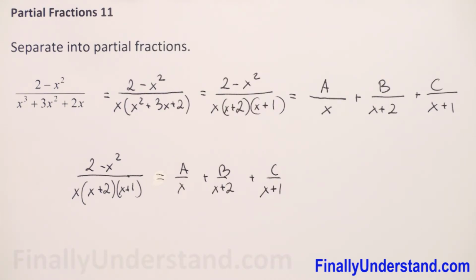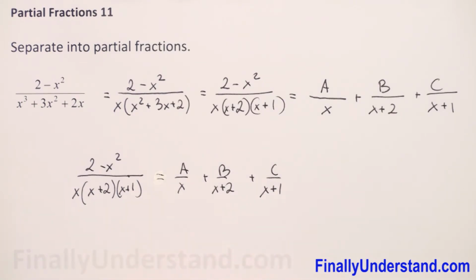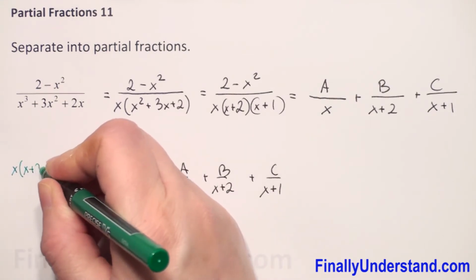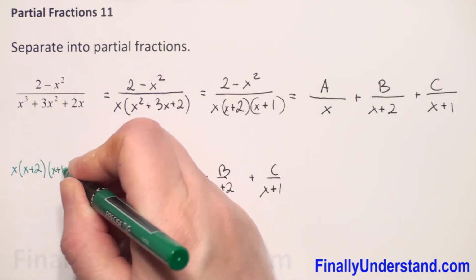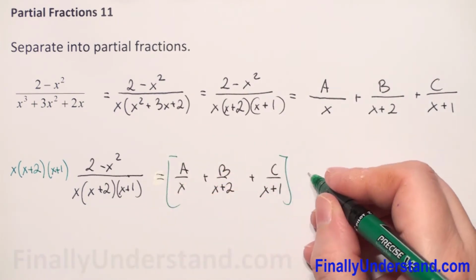How do we do this? We multiply both sides of our equation by the lowest common denominator. It will always be the denominator of our original fraction. So we will have to multiply both sides by x times x plus 2 times x plus 1. And the right side the same.